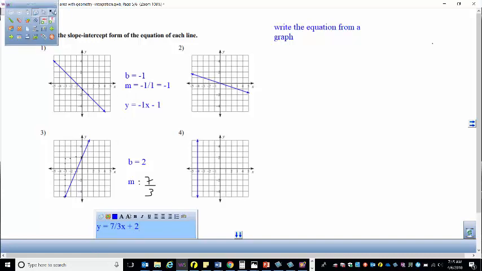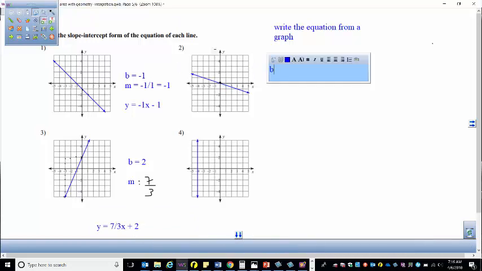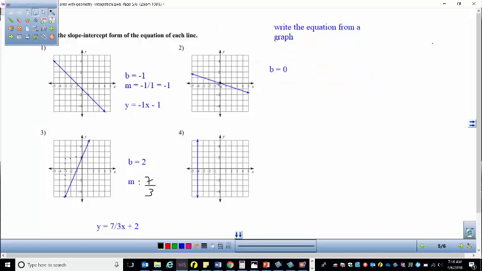All right, let's go back up here to this one. This one, my b, my y-intercept is 0. So I can put that in, b equals 0. And then my slope, I have to pick two good points, so I have this one and this one. So it looks like I went down 1 right there, and I went over 1, 2, 3.